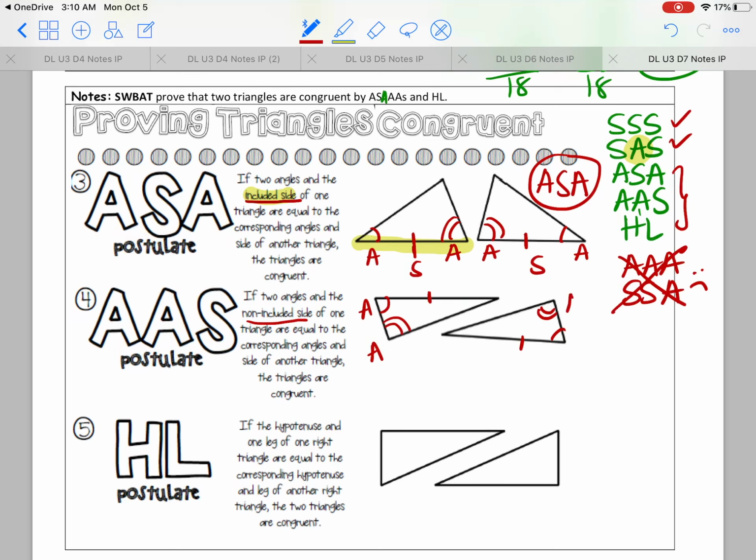So here we have angle, angle, and then we have the side. Notice that when I follow the pattern, I go angle, angle, side, because in this case, we need the non-included side. So it says here, if two angles and the non-included side of one triangle are equal to the corresponding angles and side of another triangle, then the triangles will be congruent.